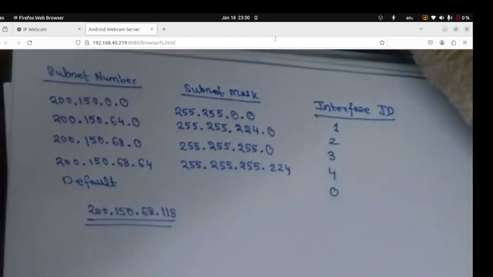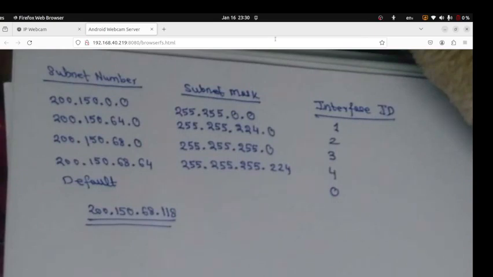Before, I also discussed a similar type of problem, how a router uses the routing table to decide in which interface an incoming packet is to be forwarded. But here the entries in the routing table are somewhat different, though the meaning is the same. Only the notation is different from the previous problem.